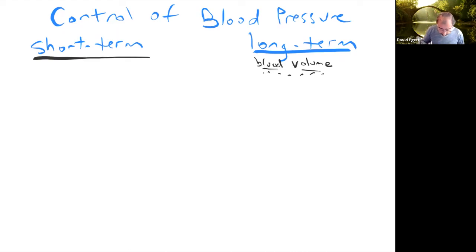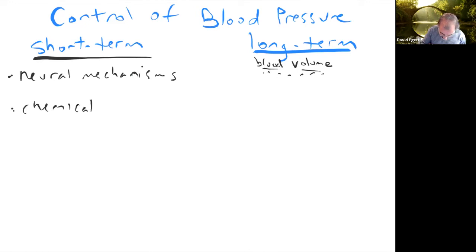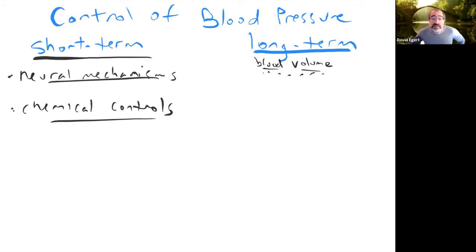Short term, there's going to be neural mechanisms. And there's going to be chemical controls. And you're also going to find out that these often overlap. We're going to talk about the renin-angiotensin in quite a bit of detail in a few moments.